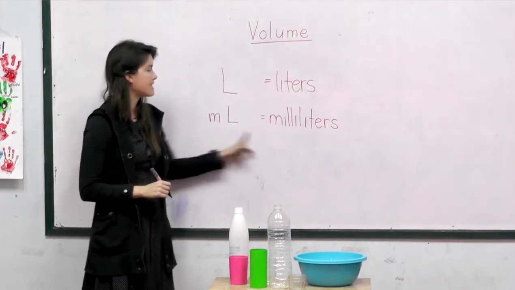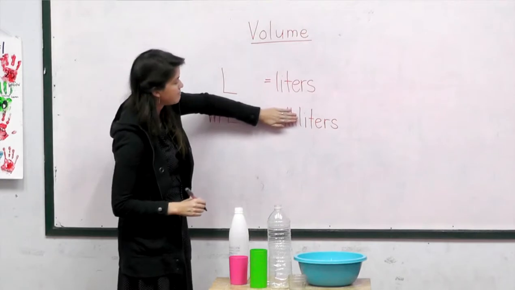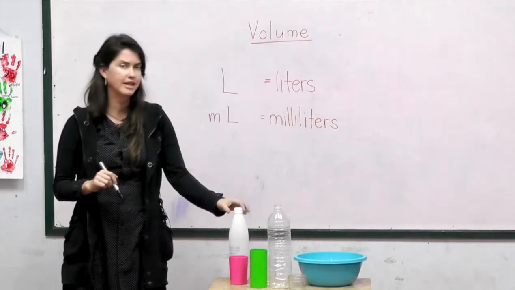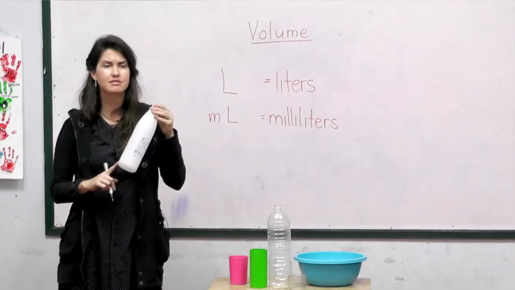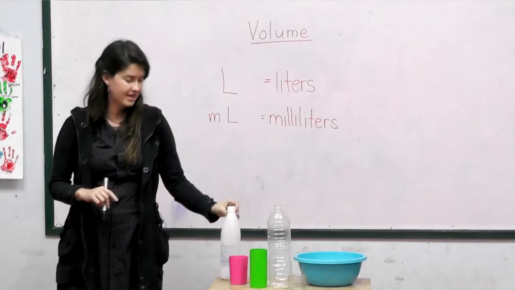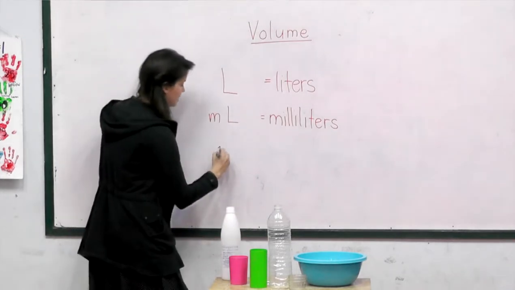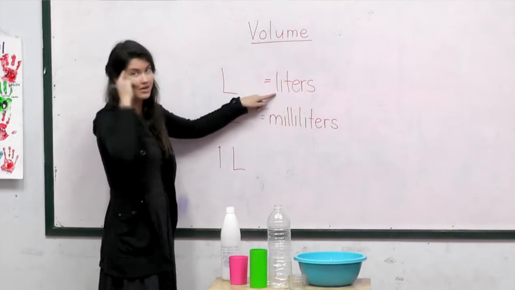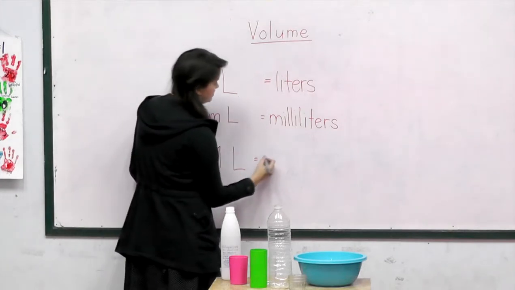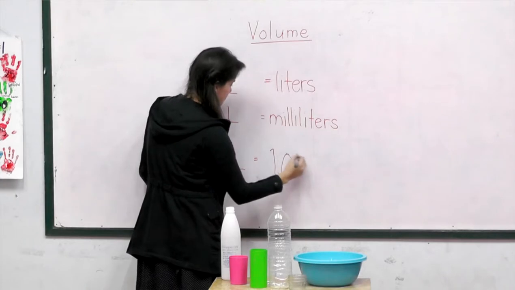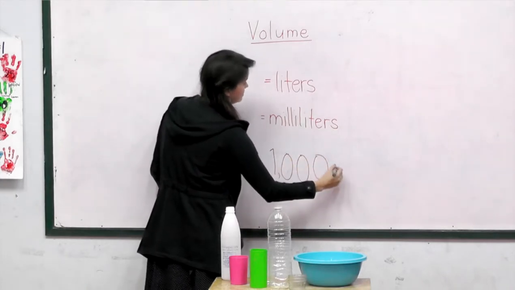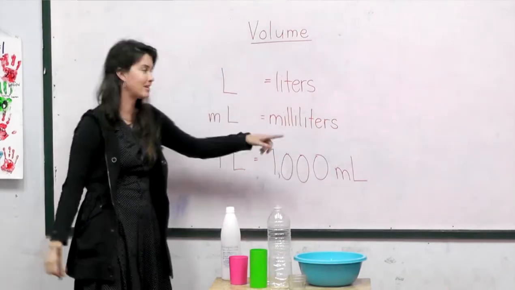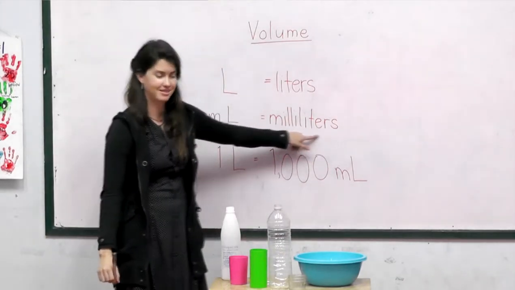Liters, milliliters, and milliliters has that word liters right inside of it. So 1 liter equals how many milliliters? 1,000 milliliters. So 1L equals 1,000 milliliters. And when we see that ML, we know we're talking about milliliters.